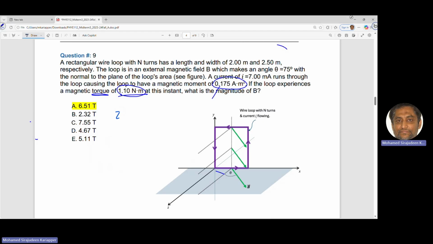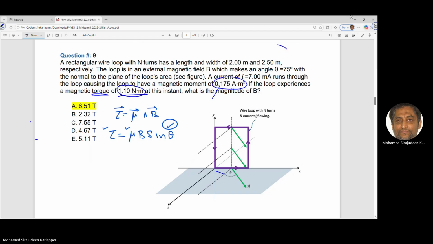So torque is equal to mu cross B. Since we are talking about magnitude, the magnitude will be mu B sine theta. This is given, this is given, is this given? The angle, what is theta here? Angle between mu and B.